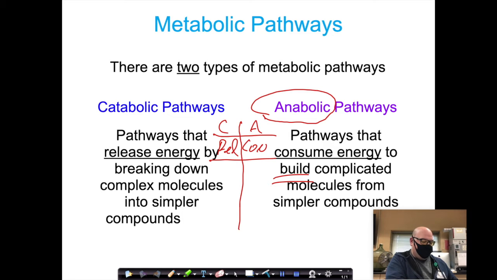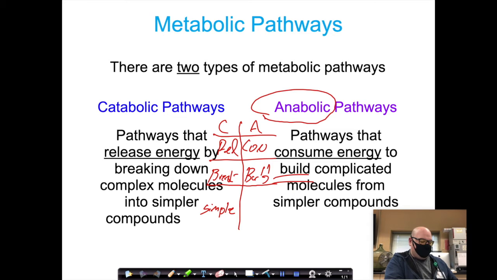You should probably put energy out here on the side. I don't have a lot of room to work with. Next, catabolic, breakdown. Anabolic, build. And then lastly, it kind of goes right with break it into simple.